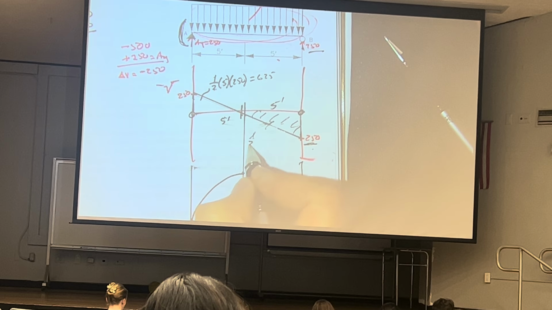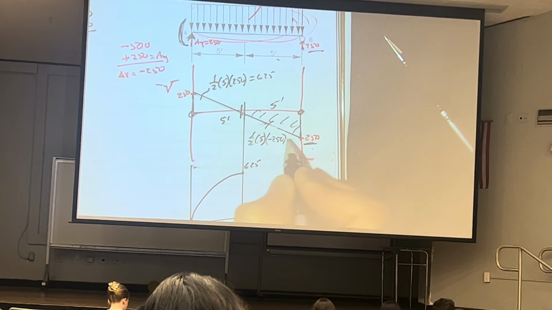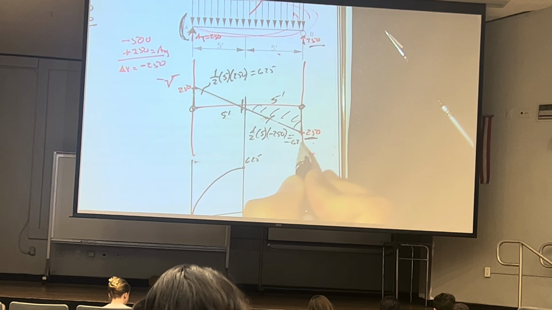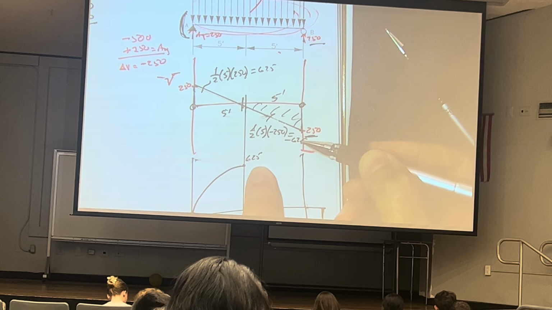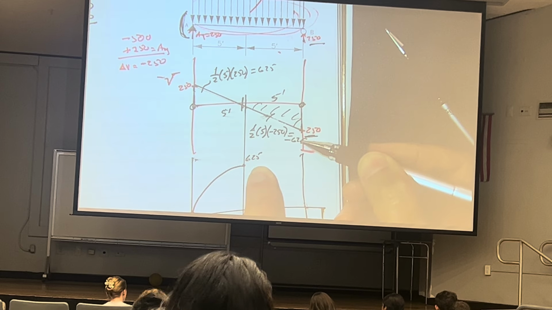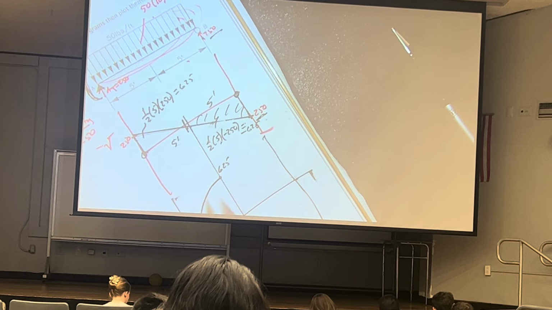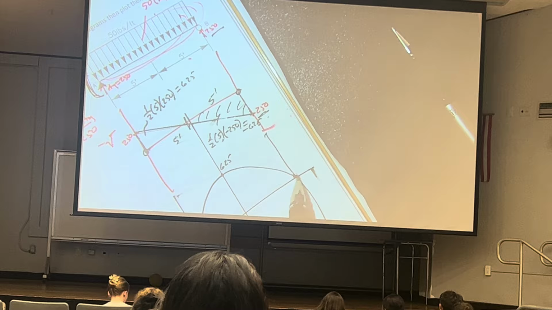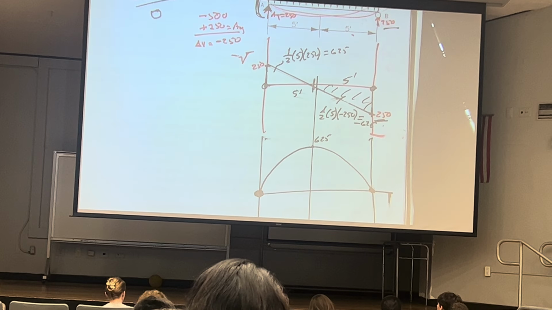That's going to be 1/2 times 5 times a negative 250, which is equal to negative 625. Negative 625 plus 625, it's going to go to 0, and it's going to go to 0 parabolically because this is still a line. So I'm going to go parabolically to 0. And that's how you do it quickly.